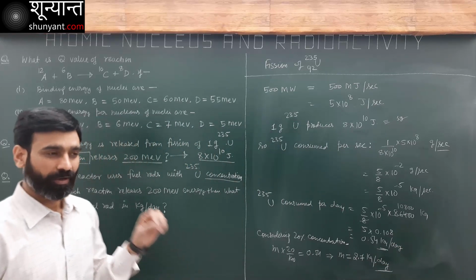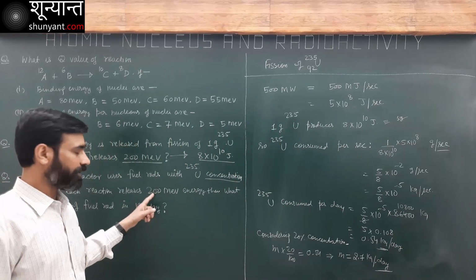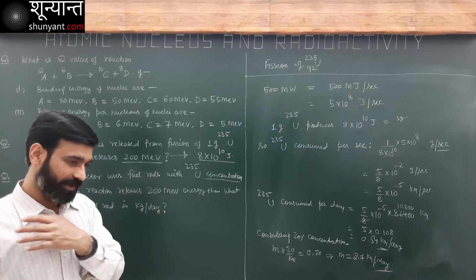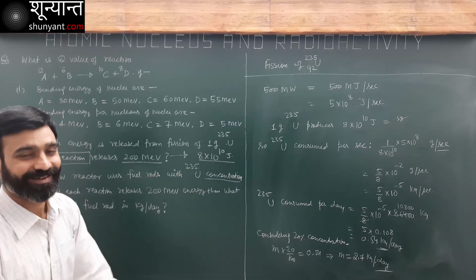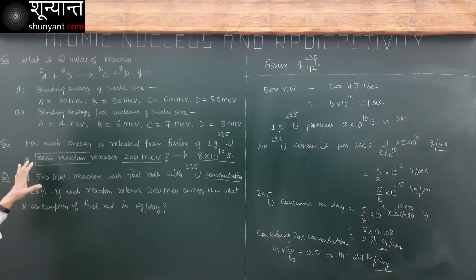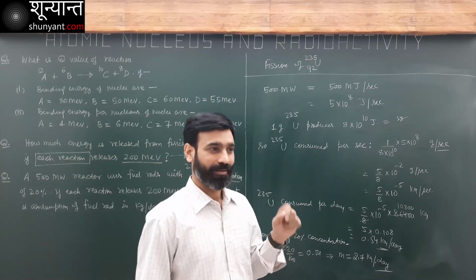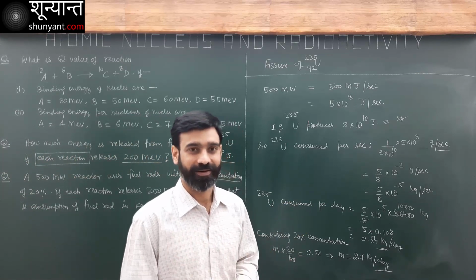2.7 kilograms of fuel rod per day is going to supply power for an entire city, a big city, 500 megawatt. Only half a kilogram of uranium per day.